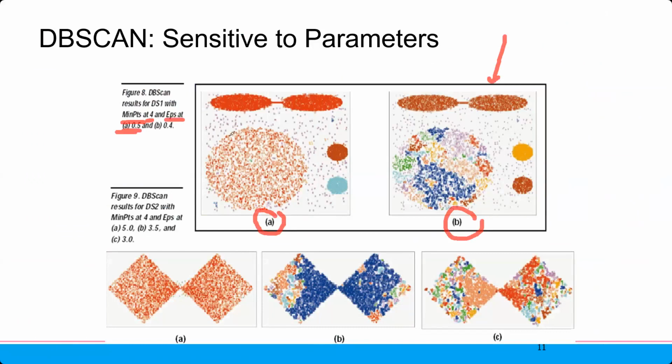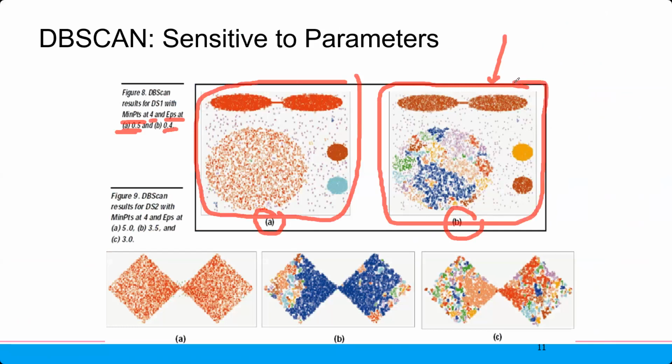In this figure, the minimum points is 4, but the EPS is 0.4. So you can see the result. The result of the clusters here is different from the result here. You can see there are so many colors inside here. It means there are many groups, many clusters.